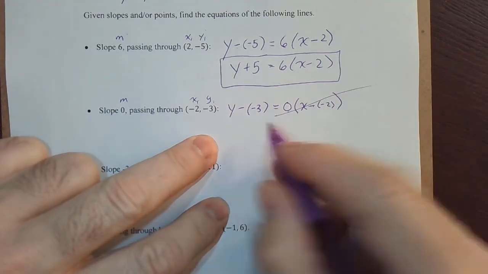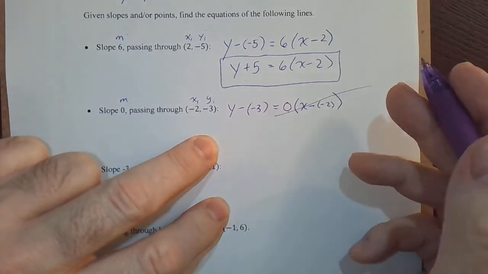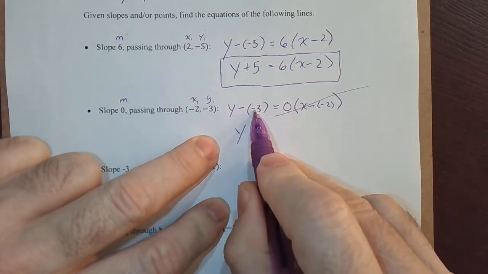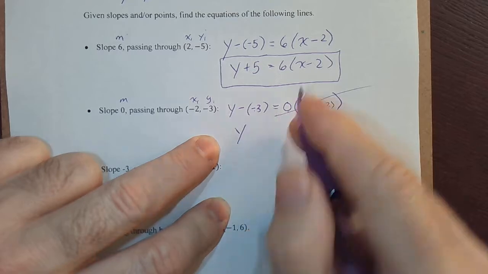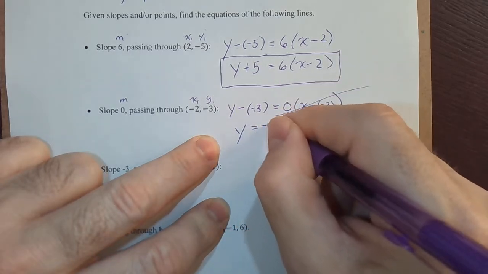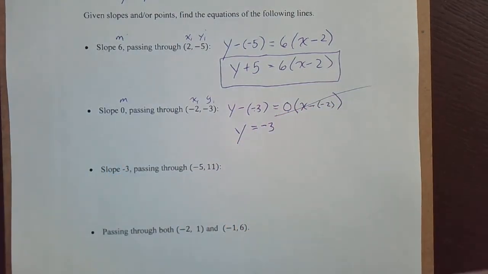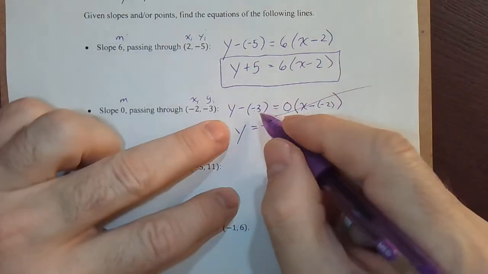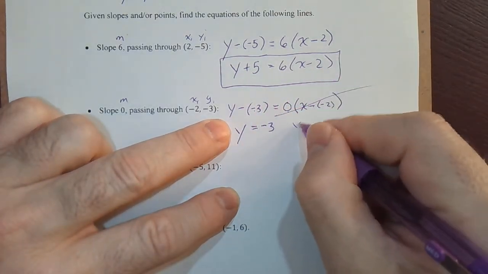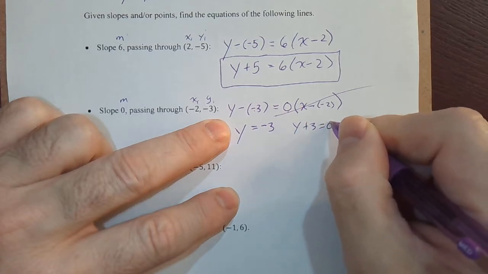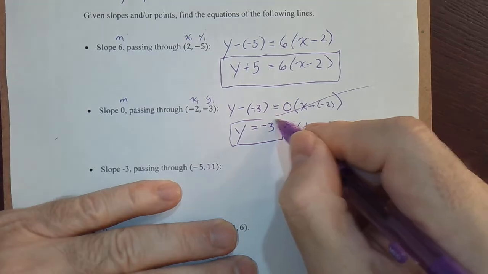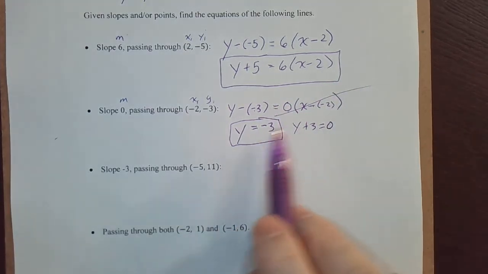So this really would simplify to y plus 3 equals 0, so I'm going to subtract 3 from both sides, y equals negative 3. That would be the best way to write that, although it was fine to keep it up there with y plus 3 equals 0. If you're not instructed the form of the line to put your answer in, either one of those would be fine.